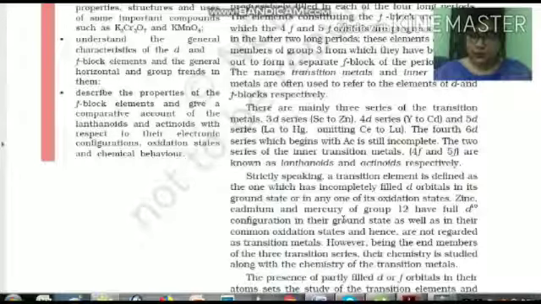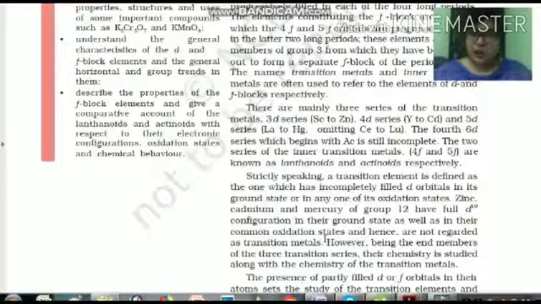For that reason they are not regarded as transition metals. Why? Because they do not have partially filled d orbitals either in the ground state or in one of their oxidation states. They have full d10 configuration in their ground state as well as in their common oxidation state. Hence, they are not regarded as transition metals.